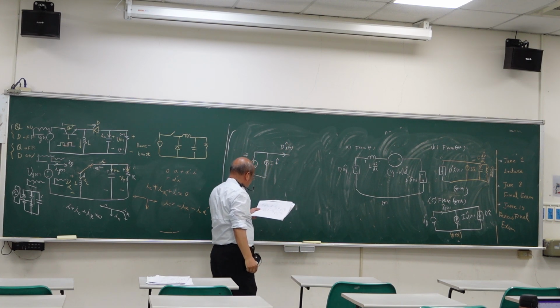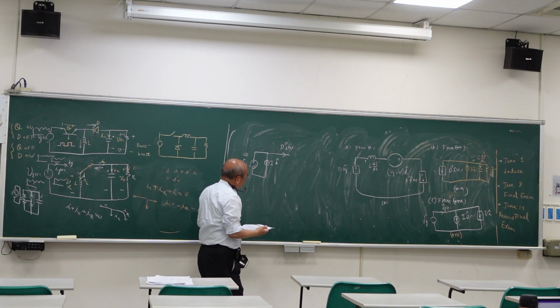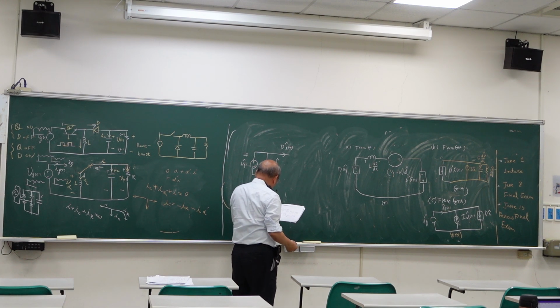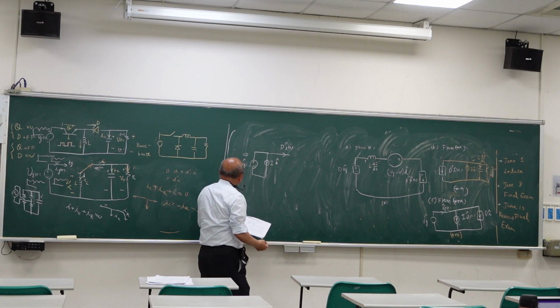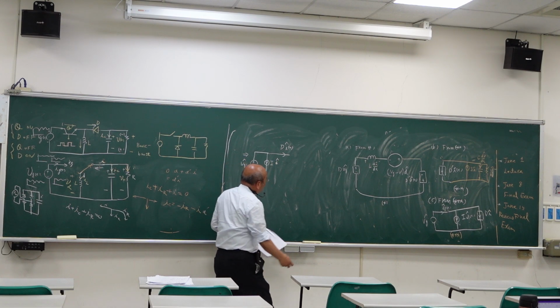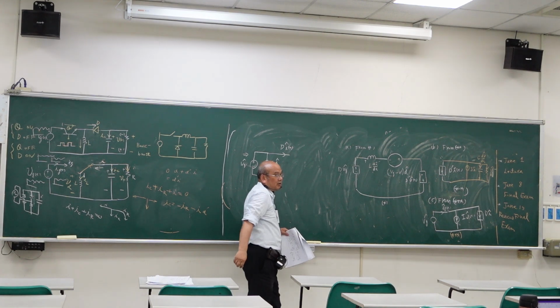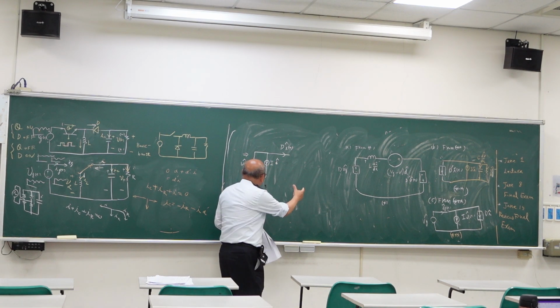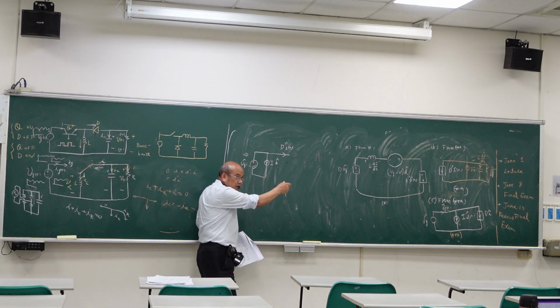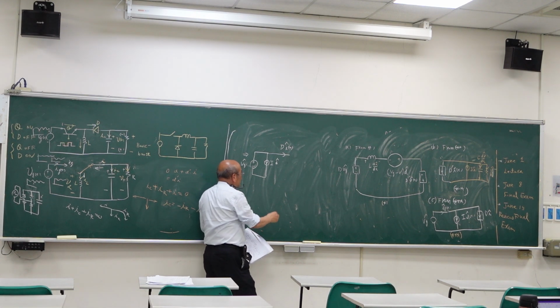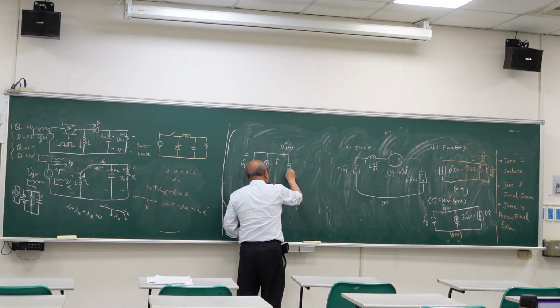So what is DI hat? You have DI hat here. You have VG here. But you have DVG here. So DVG is VG multiplied by D, right? So you can think this is a transformer.